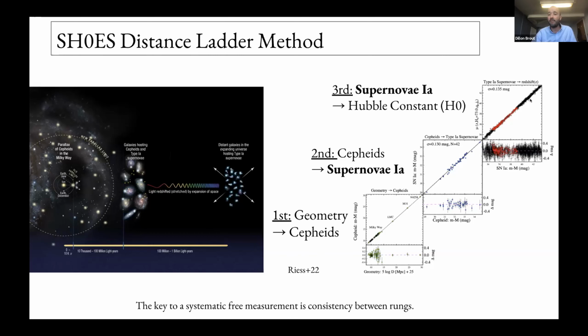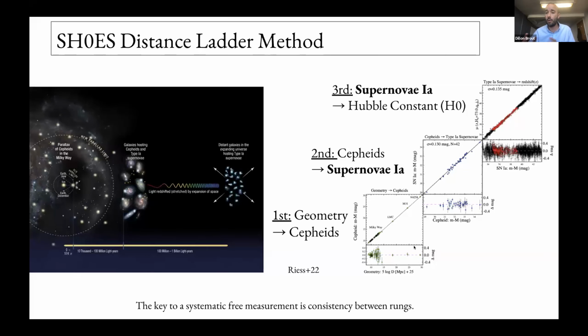Then out in the third rung of the distance ladder, we have many, many Type Ia supernovae out into the Hubble flow, or the cosmological expansion of the universe, where we can actually measure the expansion rate of the universe today. I just want to highlight that the key to making this distance ladder work is having consistency between the rungs of the distance ladder. It's really robust.